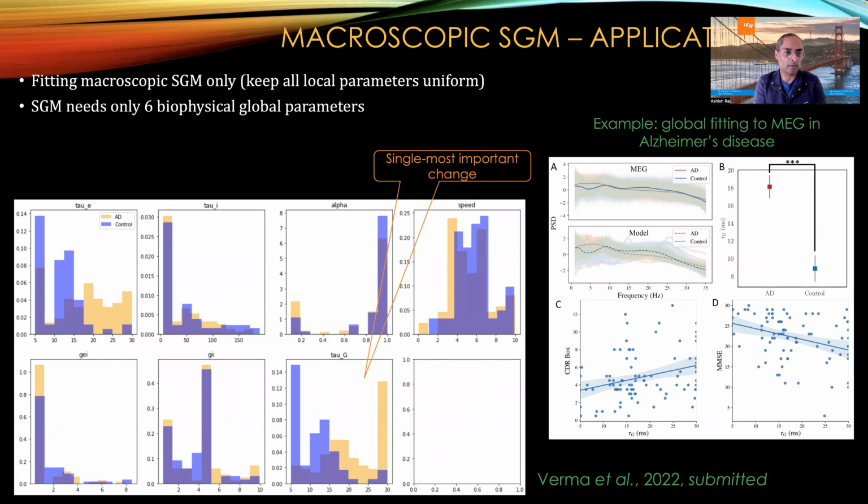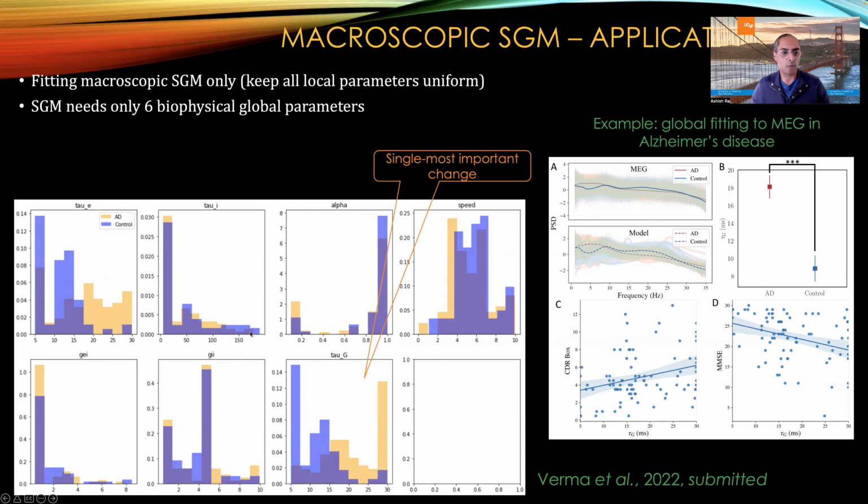So this work is ongoing, but what we have found by fitting a macroscopic SGM, keeping all local parameters uniform across the whole brain, with only 6 biophysical global parameters, it looks like there are 7, is that one parameter really pops out as a difference between blue and yellow, Alzheimer's and healthy, and that is the network level time constant tau g, which shows a dramatic increase in Alzheimer's disease.